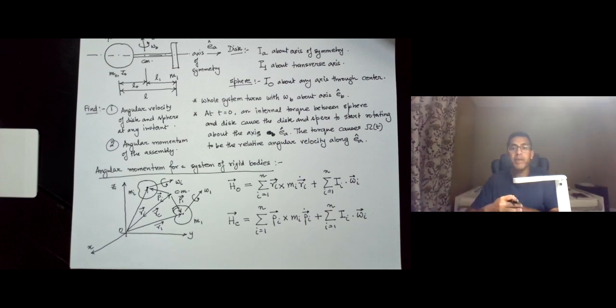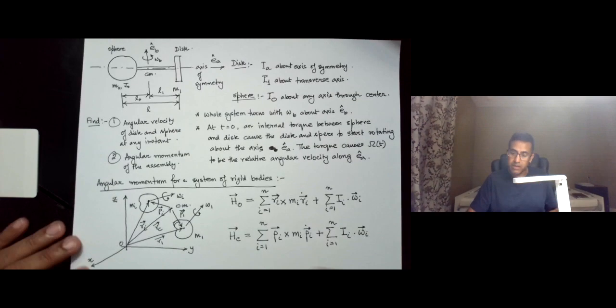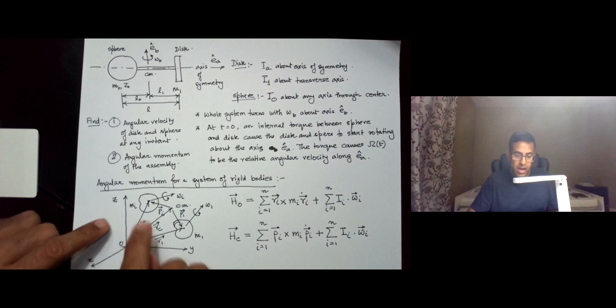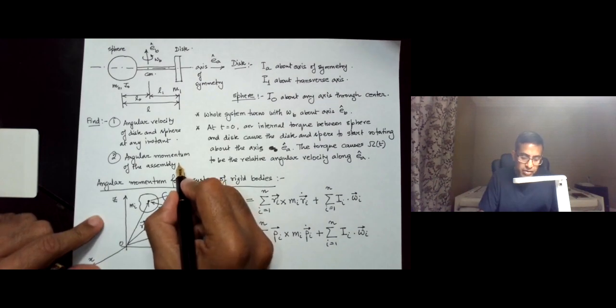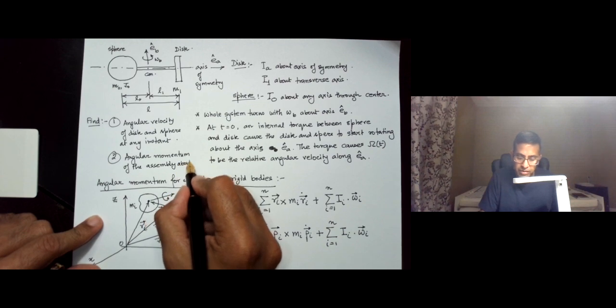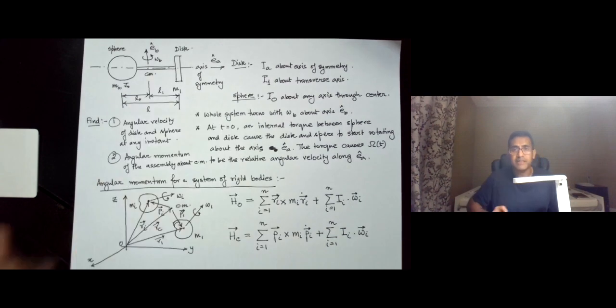So when we solve a problem like this, we need to use some kind of rotation matrices if needed, if those triads are not compatible, so that you can express everything in terms of one set of unit vectors belonging to one triad. So that is something to keep in mind when we derive the angular momentum of a system of rigid bodies. In this problem, we bring this up because the angular momentum of the assembly that we are interested to find out we should clarify about the CM, that is the center of mass that is given over here.